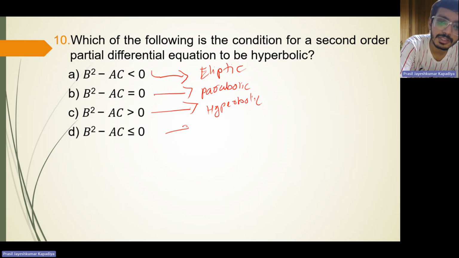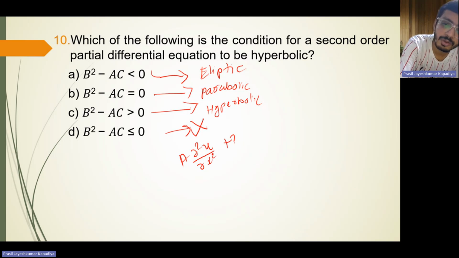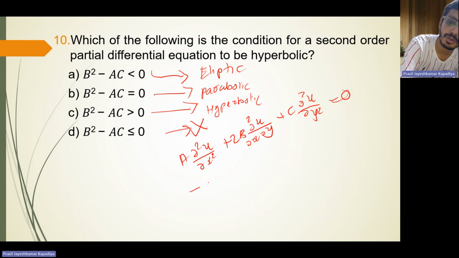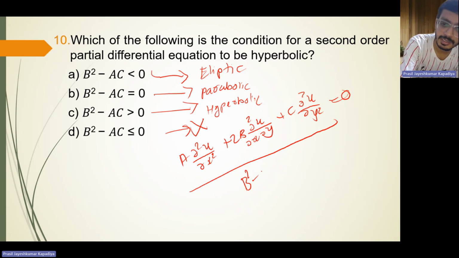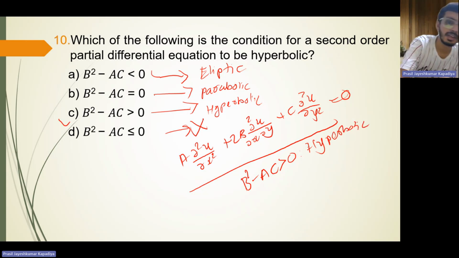This is subject to my equation being A del square u by del x square plus 2B del 2u del x del y plus C del 2u by del y square. This is the equation given to us. So when this kind of equation is there, then B square minus AC should be greater than 0 for hyperbolic. So my option is option C, B square minus AC greater than 0 for the hyperbolic condition.